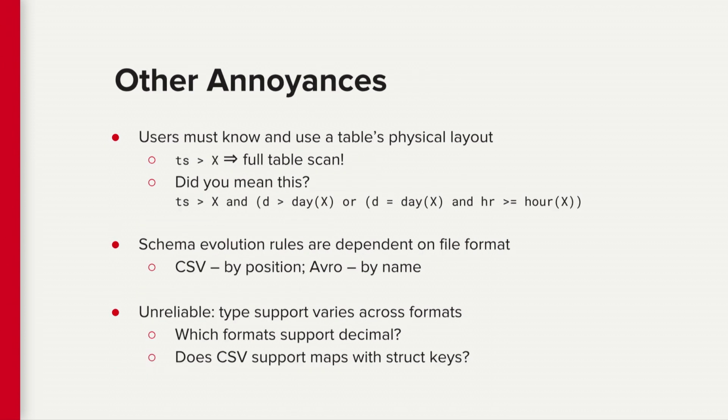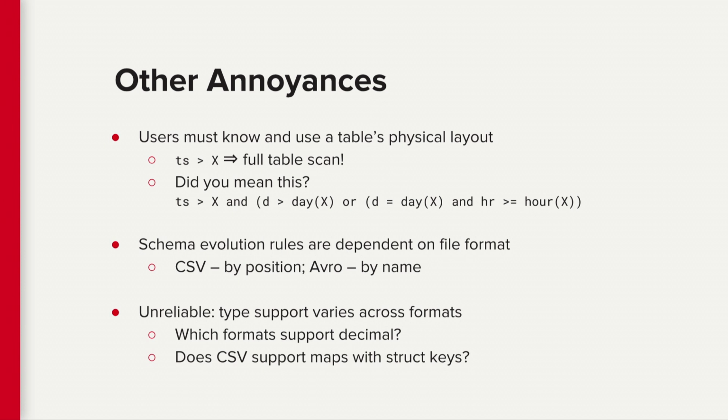Piling on even more, even if you get all of that right, there are still a few annoyances. So in Hive tables, schema evolution happens by different rules for different file formats. So CSV, for example, is done by the position or the ordinal of a column. Avro matches columns with older data by name.